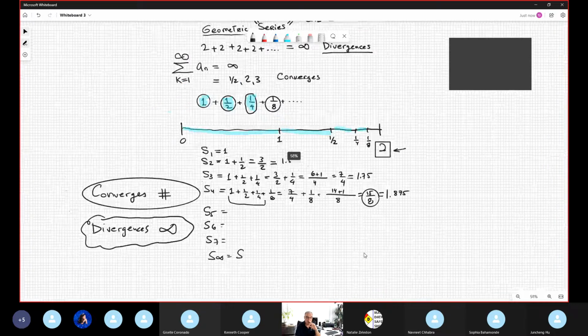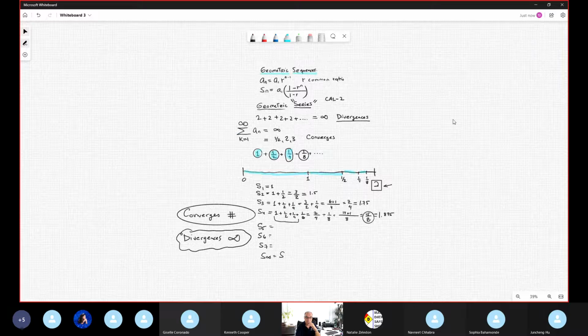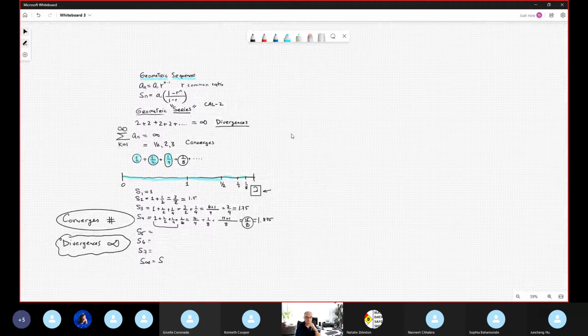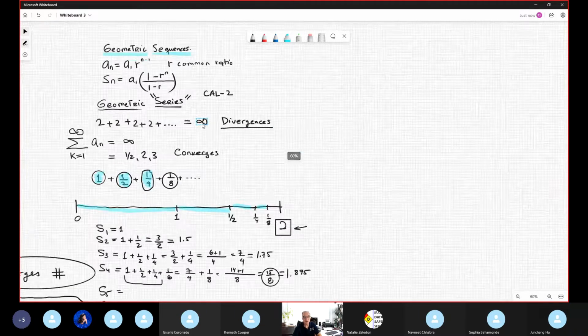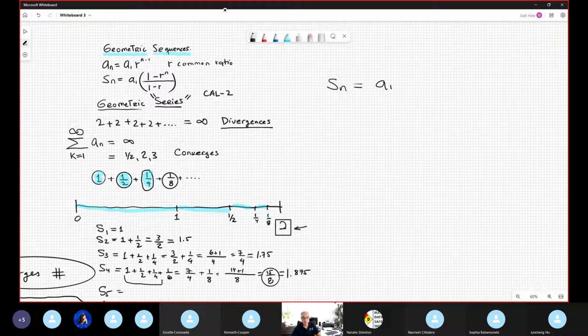In another example you will see, after I bring another example. Okay, what is the idea behind this? Well, the idea is you take that formula. The partial sum S sub n is the first term multiplied by 1 minus r raised to the n power, over 1 minus r.